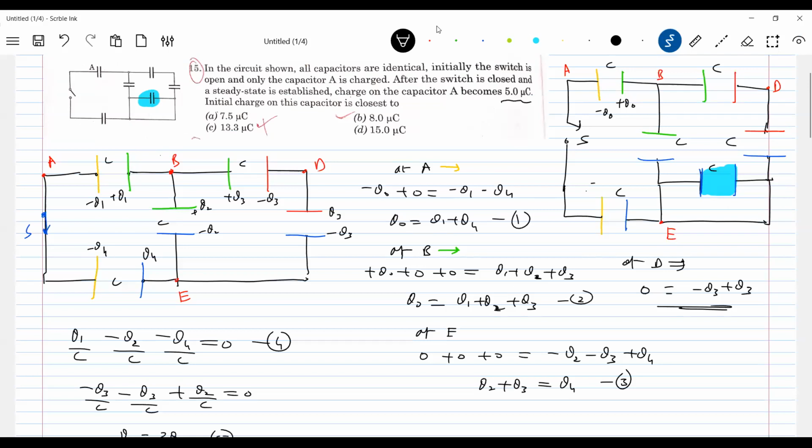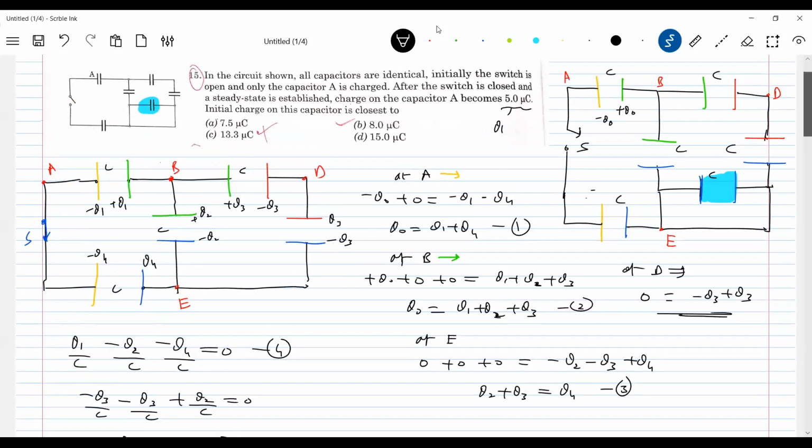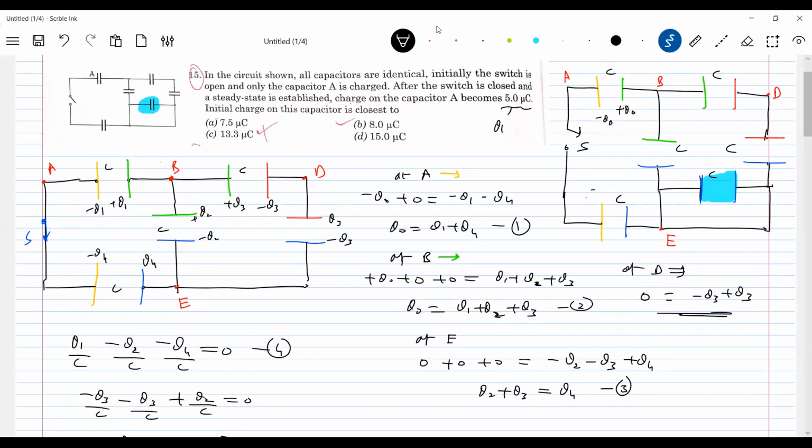What is the condition? What is given for us? Q1 is given, how much? 5 microcoulomb. So this is what the Q1 is, what we assumed. Okay, so substitute first the value of Q1 wherever Q naught appears.